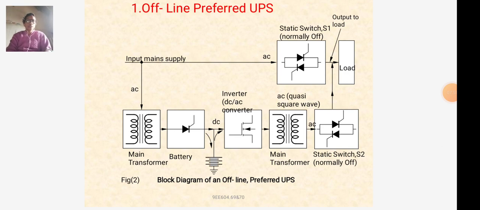Because of thyristor static switches, this will not occur instantaneously, but will take place after half a cycle to turn off the conducting thyristor. This disadvantage can be overcome by using MOSFET or IGBT based switches.